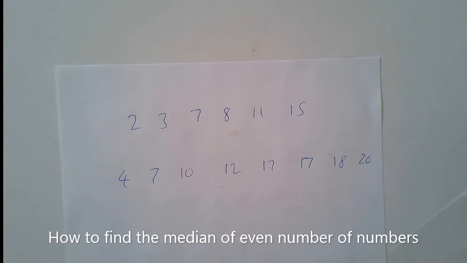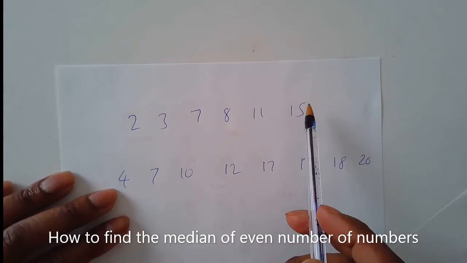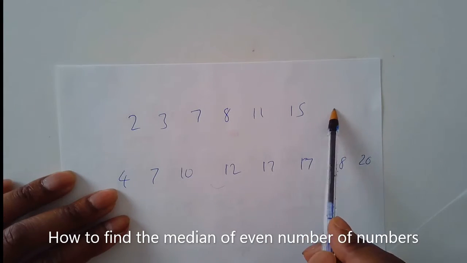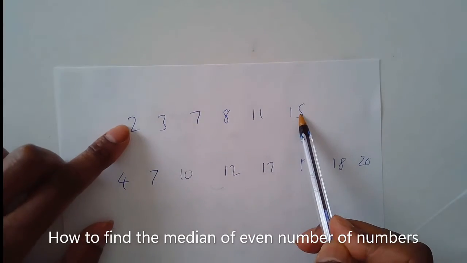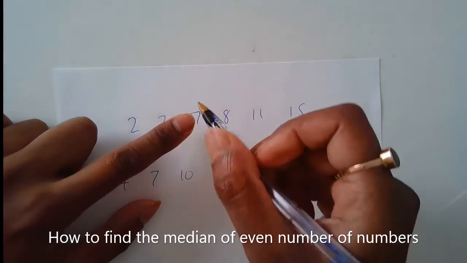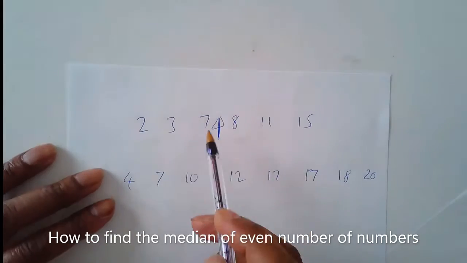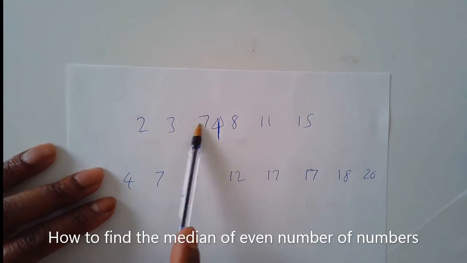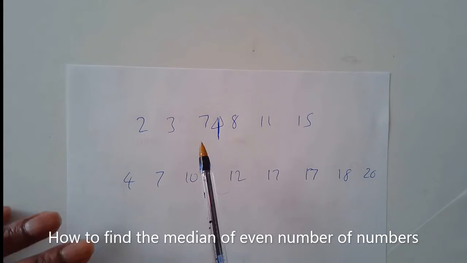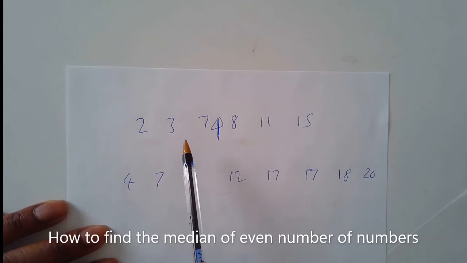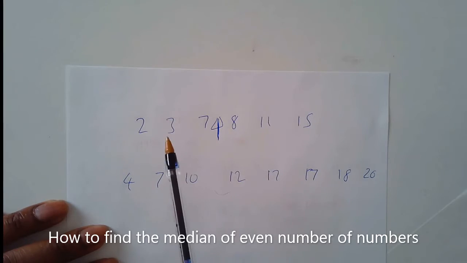But some of you might be wondering now, how do you find the middle, the median of this? One for you, one for me, one for you, one for me, one for you, one for me. The middle is right there. As you can see, if that's the middle, you've got 3 on this side, 3 on that side, that has to be the middle. So what's that number there? That number there is in between 7 and 8. So you look for the number that's between 7 and 8.